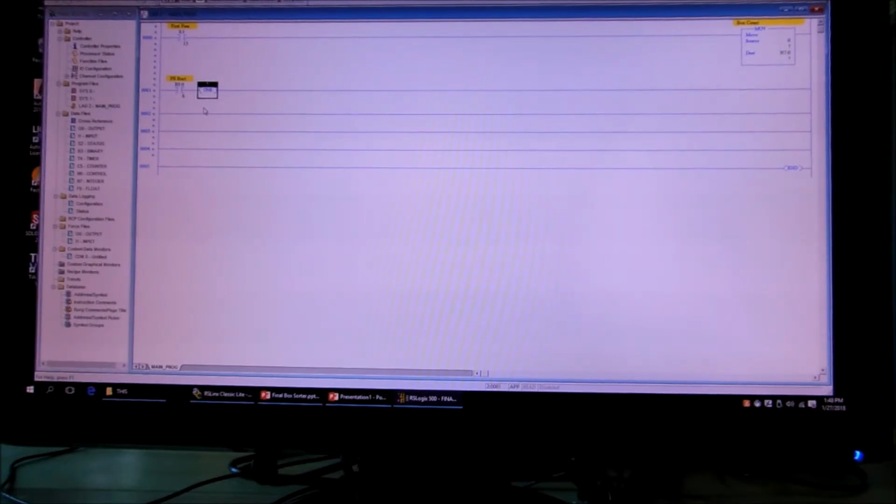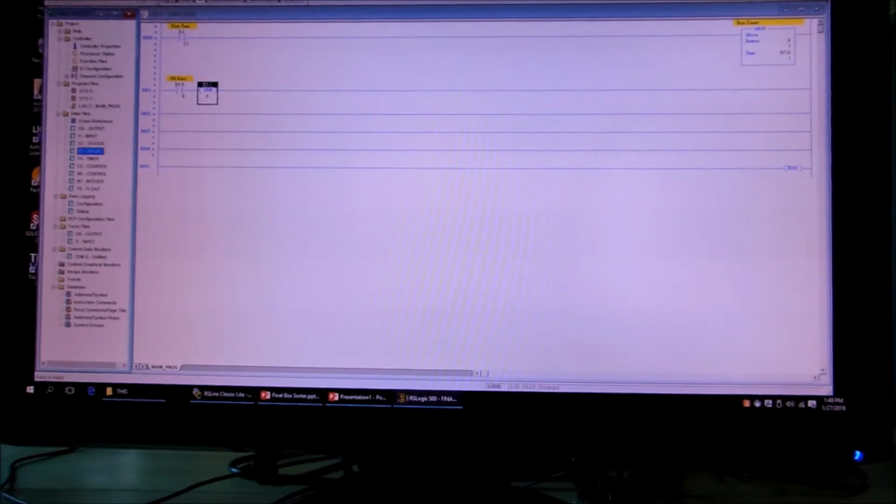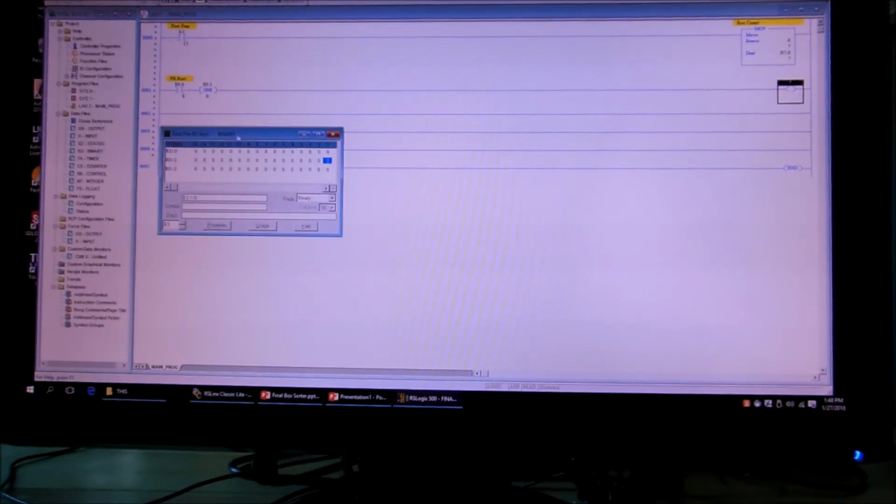For the one-shot, we'll just pick off a binary bit, and these are the inputs, the zeros, so we're just going to make the one-shot our first available binary bit. Then we're going to create a signal called the start process, and we'll give that binary 1.